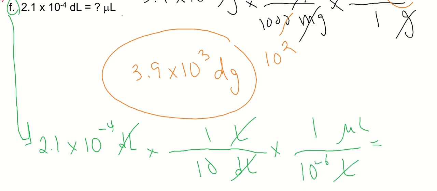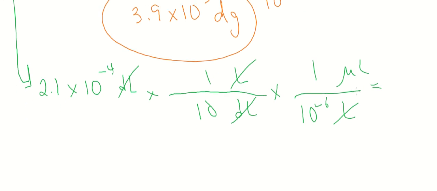Cancel, cancel. Now 10 to the negative 6 going right across here, times 10 to the 1. I'm just going to multiply the denominator first to simplify. That's going to be 10 to the negative 5, because we're adding exponents when we're multiplying.